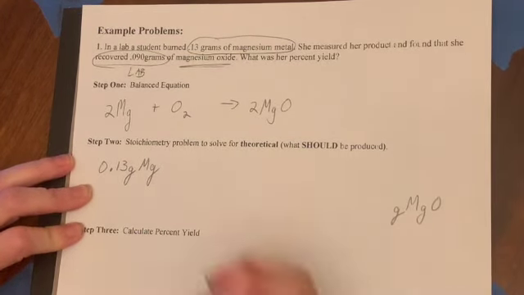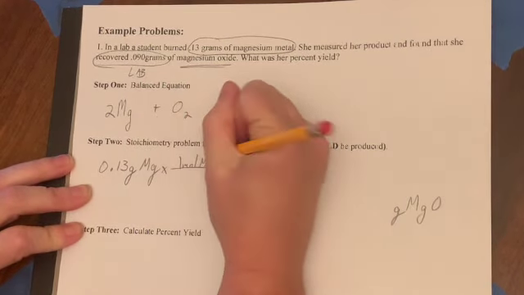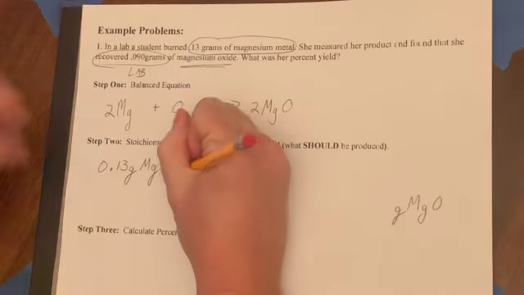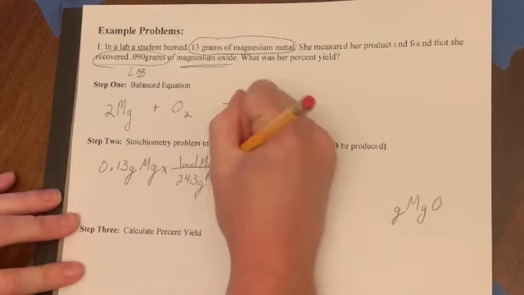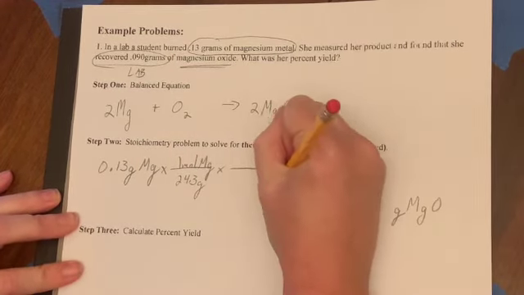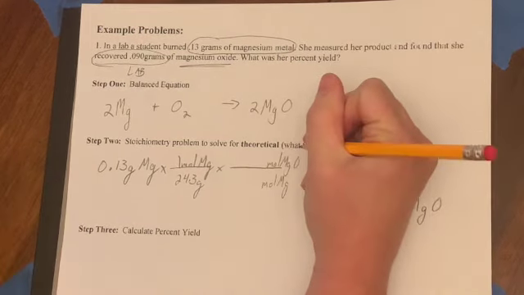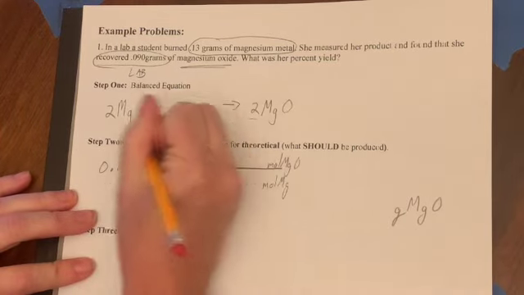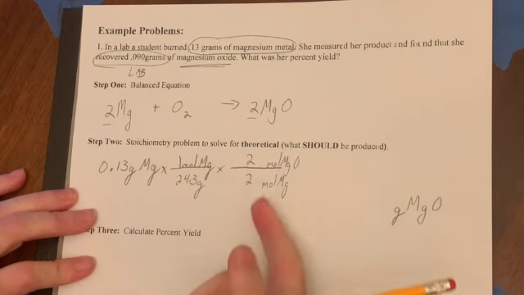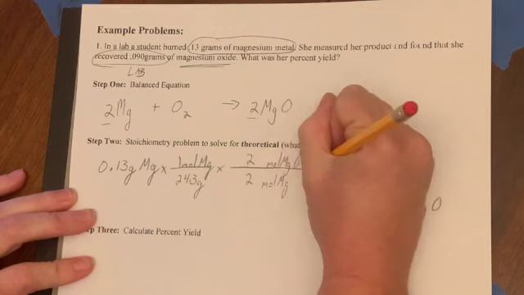Here we go. This is our stoichiometry problem. In 1 mole of magnesium, I look at my periodic table and I find that my mass is 24.3, so I have 24.3 grams. I'm now going to use my mole to mole ratio. So moles of magnesium on the bottom, moles of my product on the top, magnesium oxide. Remember we use those coefficients, and each of those has a coefficient of 2. I know mathematically they're going to divide out, but we do still write those in to show that relationship.